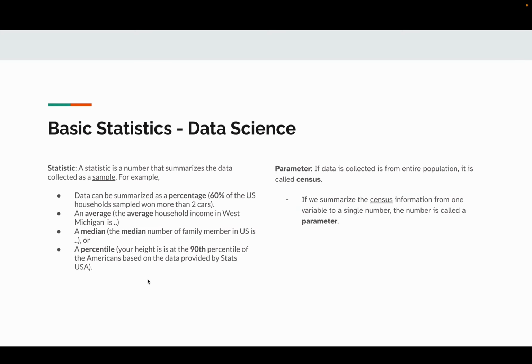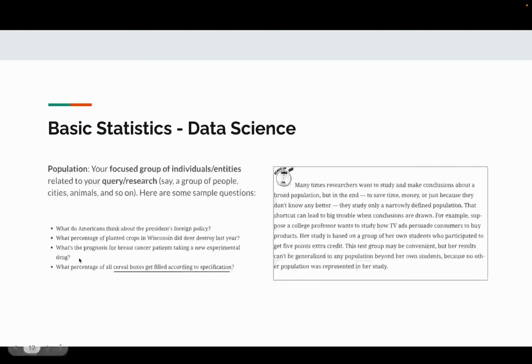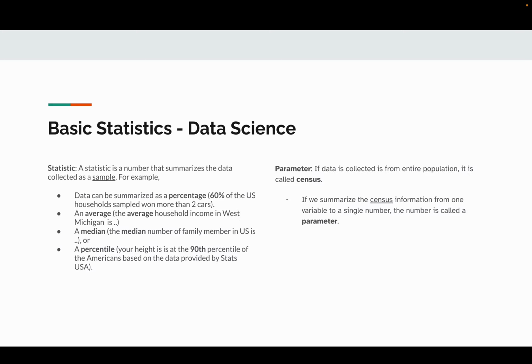Now let's talk about statistic. Let's go back to the first question, that we want to know the thinking of all the Americans about the president's foreign policy. But we are not going to reach out to all the Americans and ask what they think.